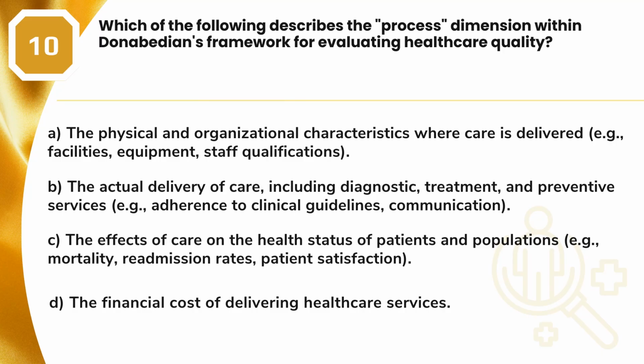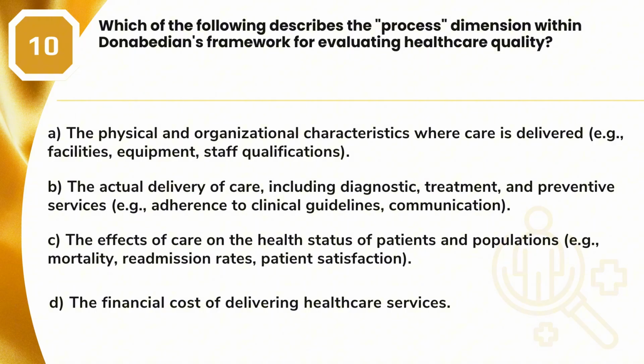Question 10. Which of the following describes the process dimension within Donabedian's framework for evaluating healthcare quality? A. The physical and organizational characteristics where care is delivered, e.g., facilities, equipment, staff qualifications.